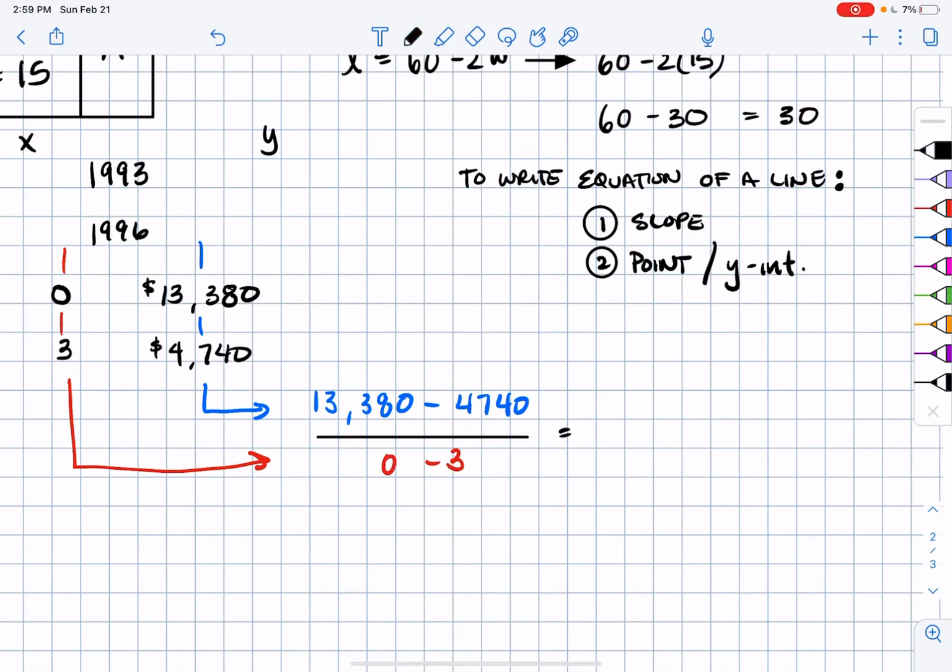So what does that give me? Well, that gives me 8,640 over a negative 3, which gives me the slope of negative 2,880. My slope is that.